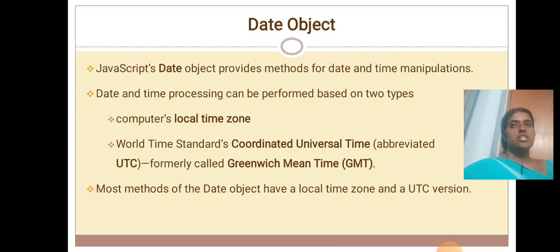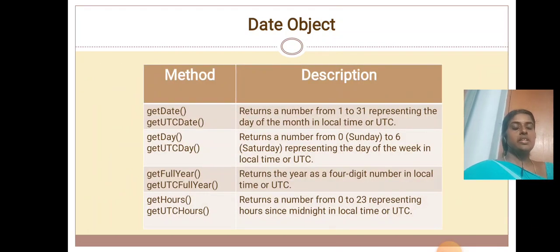As per the local time zone, whatever time zone you set in your system or laptop, whether it is an Indian, US or UK time zone, in that way we can manipulate the information. Otherwise, as per Greenwich Mean Time, that is Coordinated Universal Time. These are the two ways we can manipulate the information using the different methods of a Date object. In the next slide, we will discuss various methods provided by the Date object.